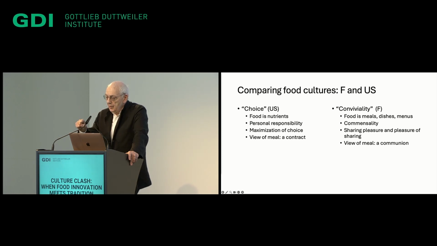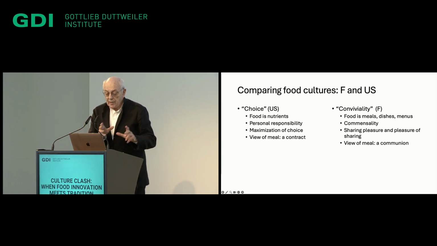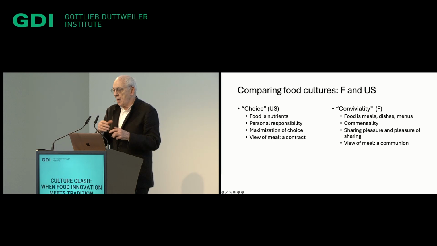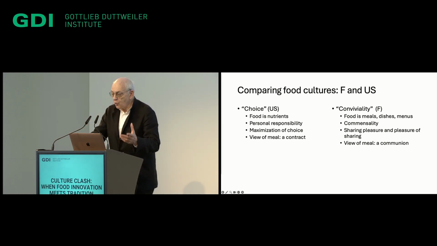So you feel that if you don't eat the same thing as the rest of the people, you might be sort of excommunicated. Whereas in the American situation, you have lunch with a colleague at the university and you negotiate.